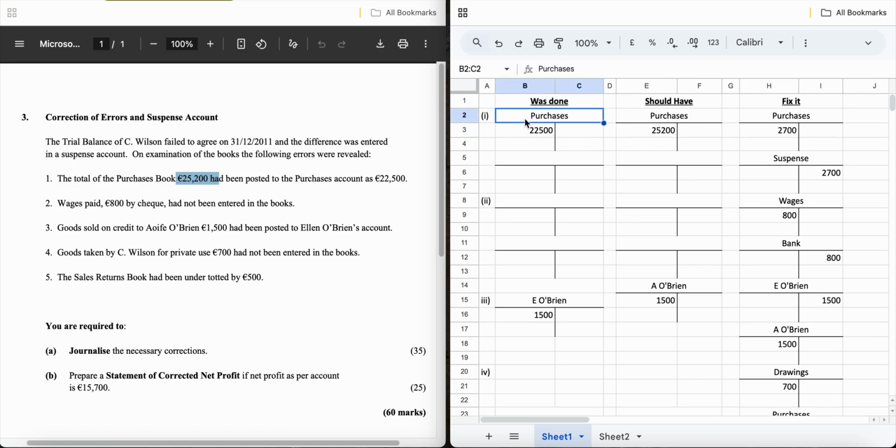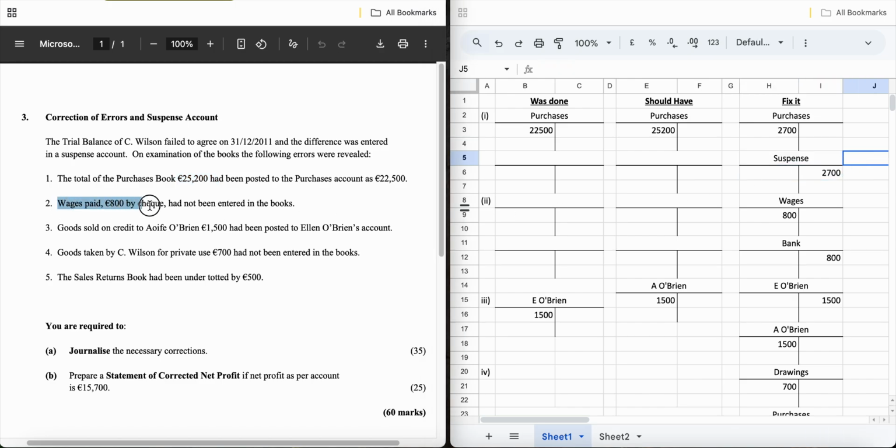Now, if what they did doesn't balance, in other words, they don't have the same amount on the left hand side and the right hand side, then there's an account called suspense. So when we fix it, 2,700, we then put on the opposite side suspense, 2,700, to match it up.